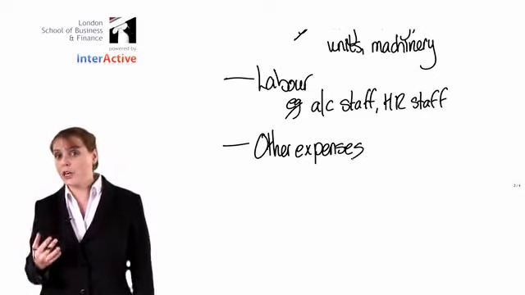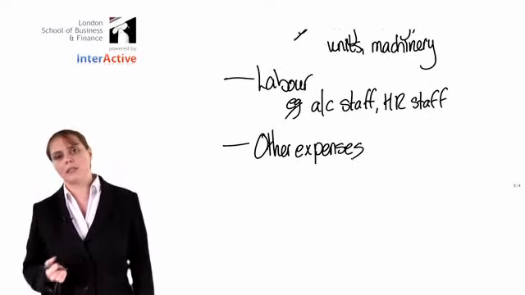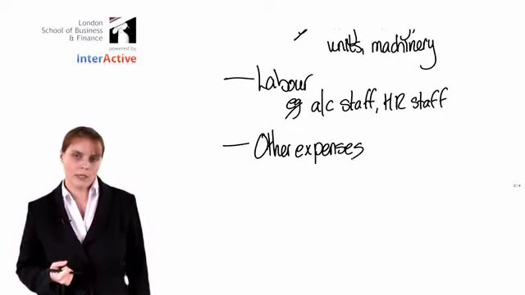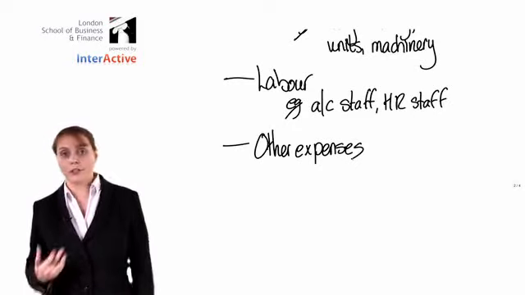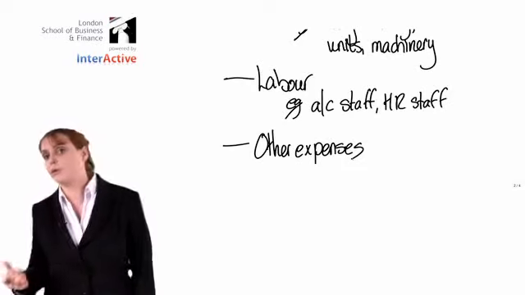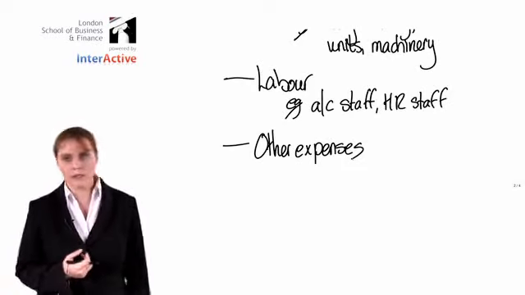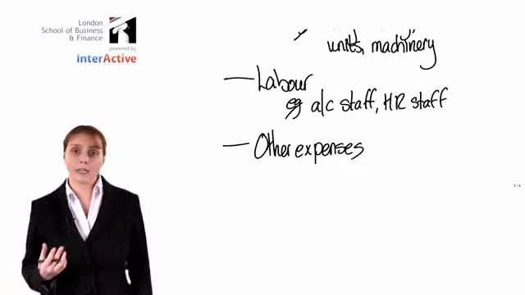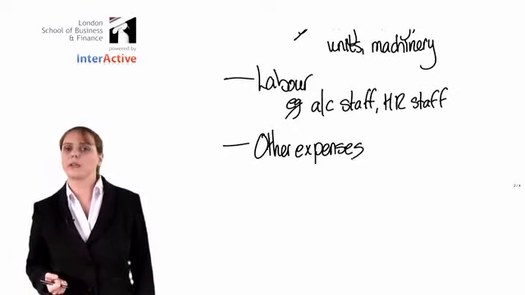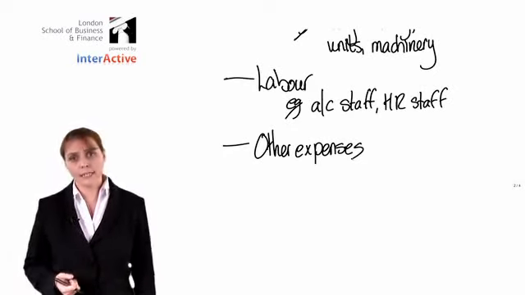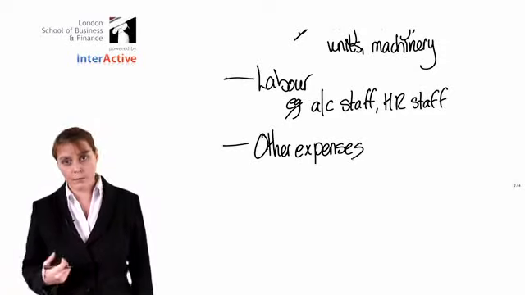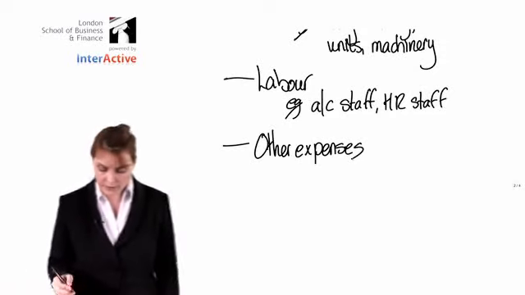There'll be a large number of other expenses incurred by a company. So for example, insurance costs, phone bills, electricity bills. None of these things are tangible items, they're not materials, and they don't relate to salaries. So they would be other expenses.